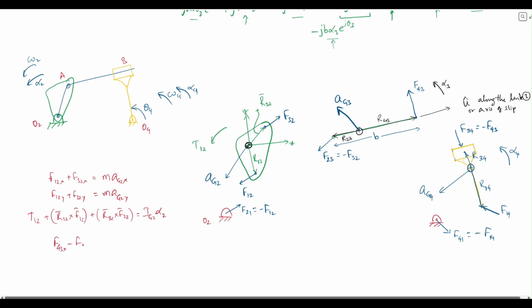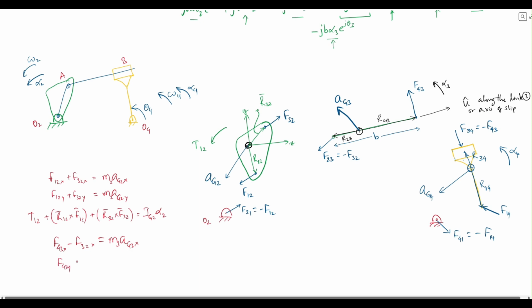And similarly for the coupler, we will have equations F43x minus F32x, just like how we wrote for the slider crank without the rotating fourth link. This is a similar equation. So this was M2 here, M3 AG3x.